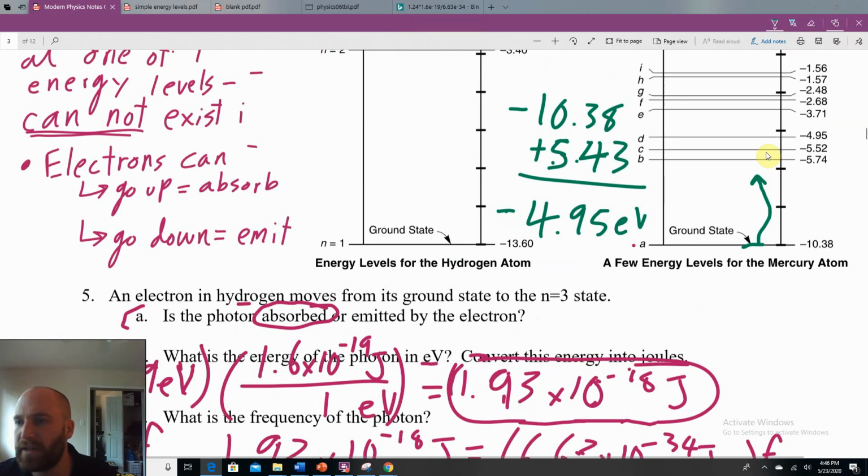Where would that put us? Well, it looks like that negative 4.95 is right here. So it would bring us all the way up to here. And I think that's an energy level, right? That's energy level D. So can the electron land there? Can this be absorbed?